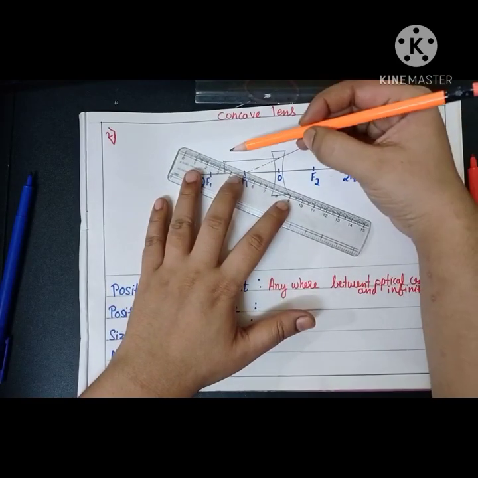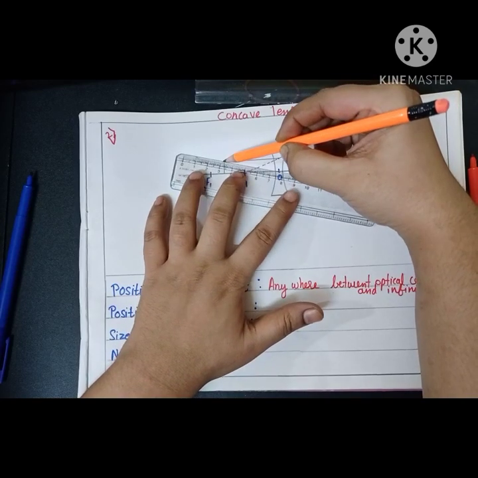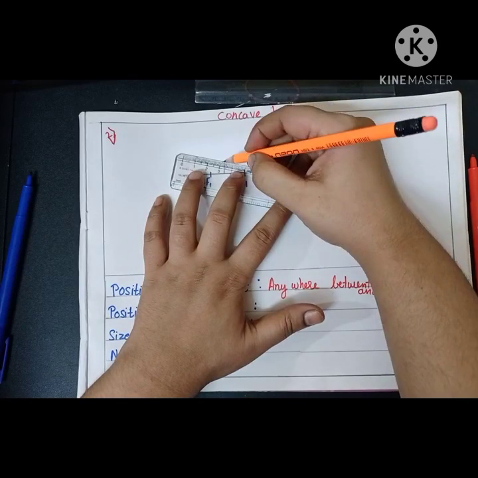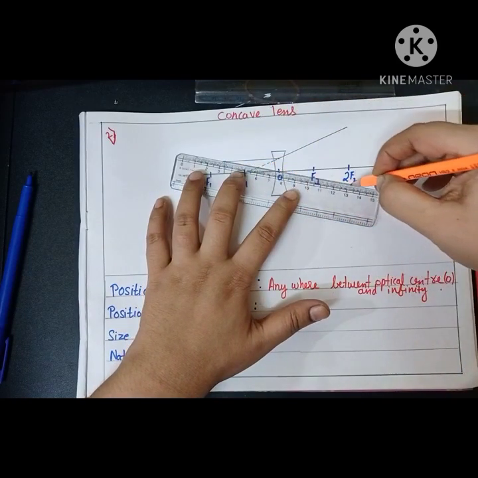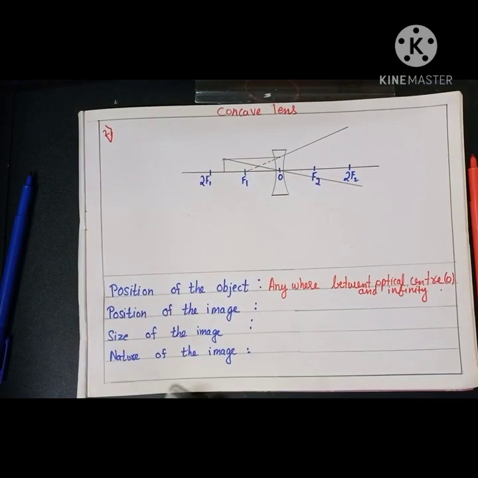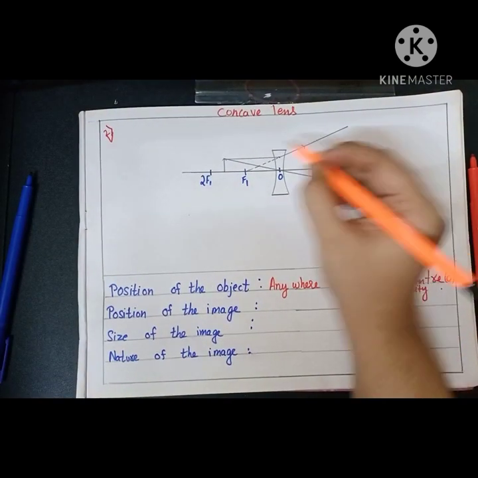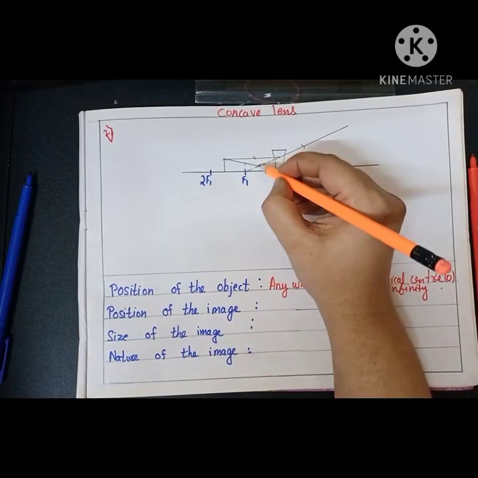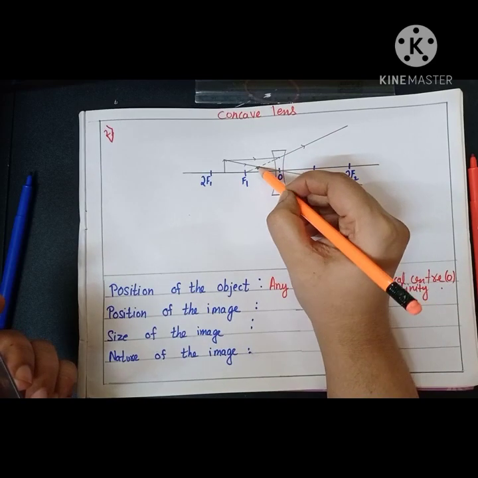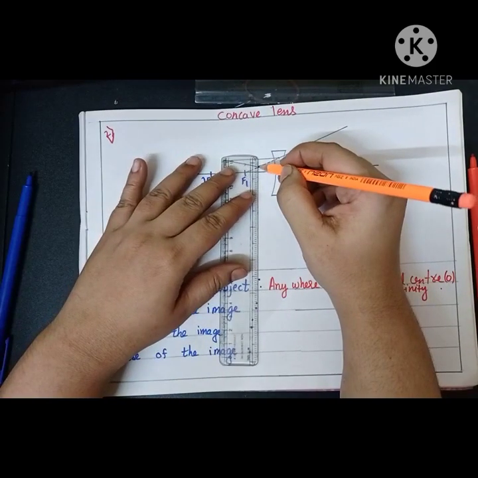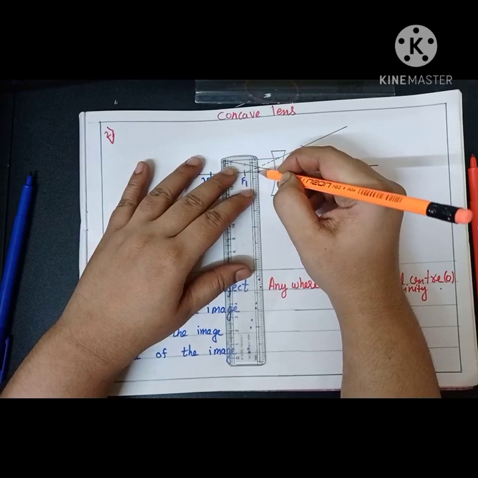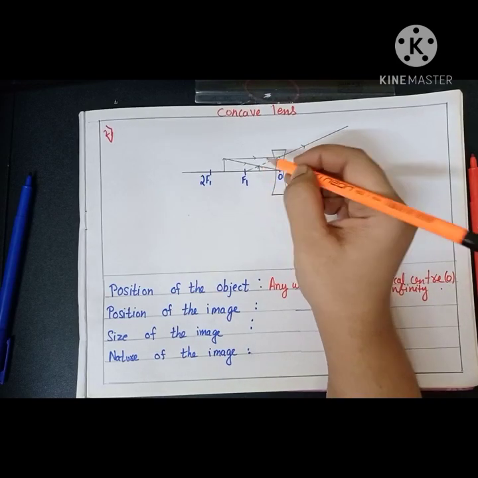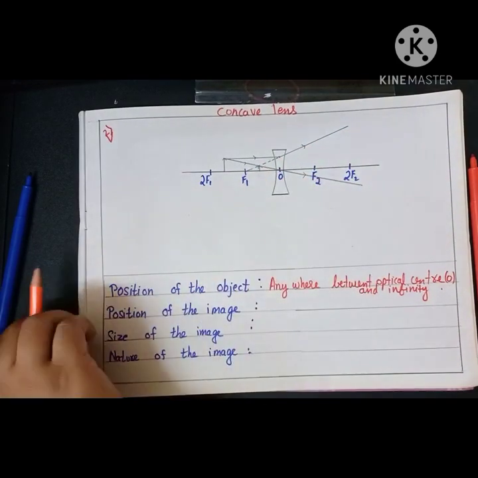Now incident ray is passing through optical center. It will pass undeviated. They intersect between F1 and optical center. So image formed is between F1 and optical center, and it is virtual, erect and smaller in size.